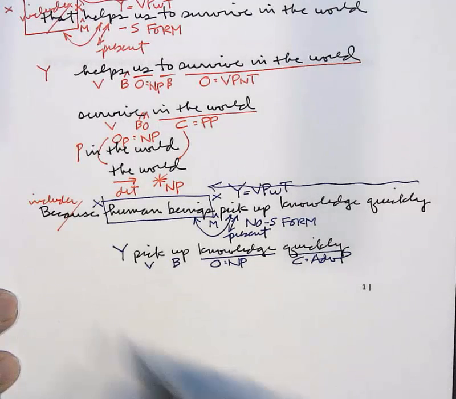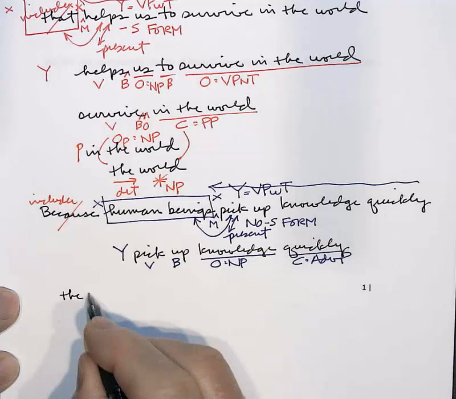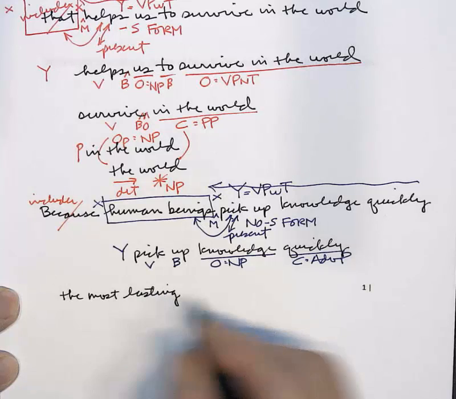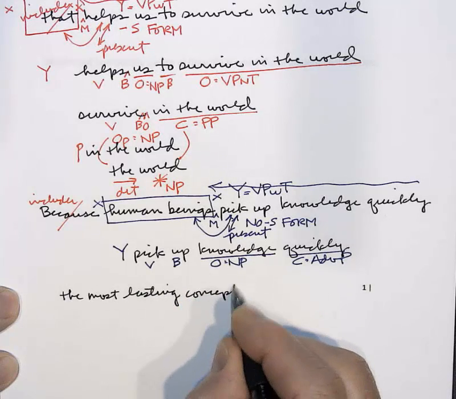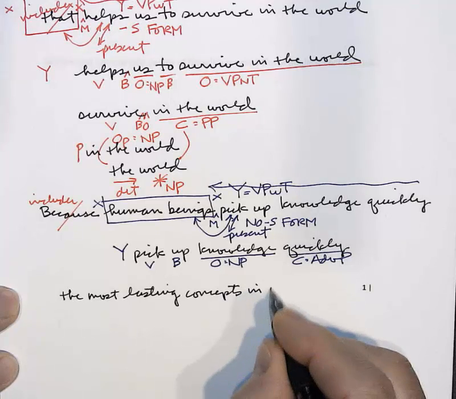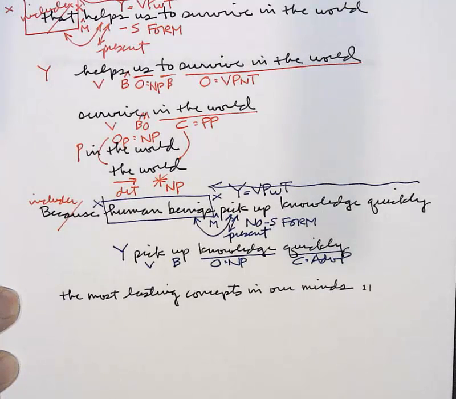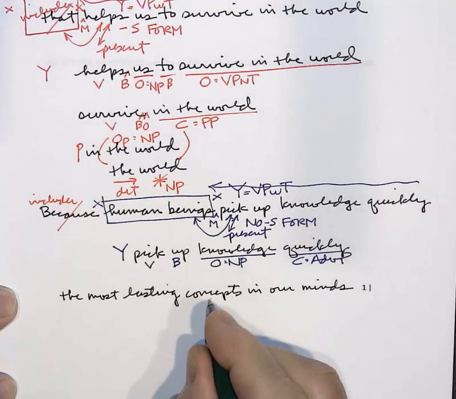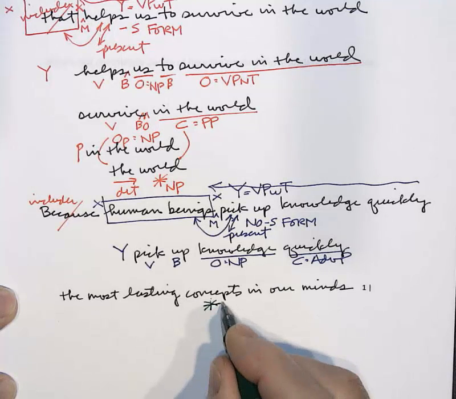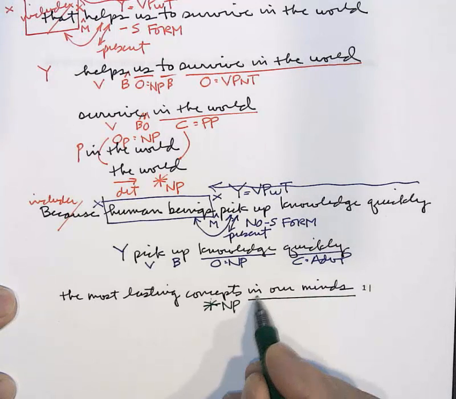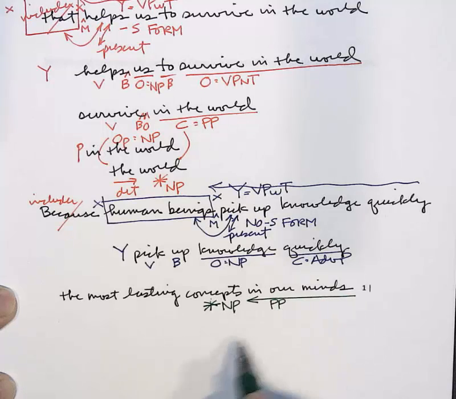Okay, so the most lasting concepts in our minds. Concepts is the head. That's the noun phrase. In our minds is a modifier, prepositional phrase.